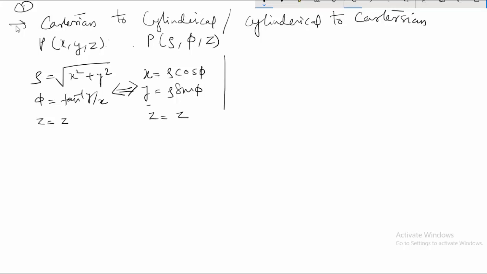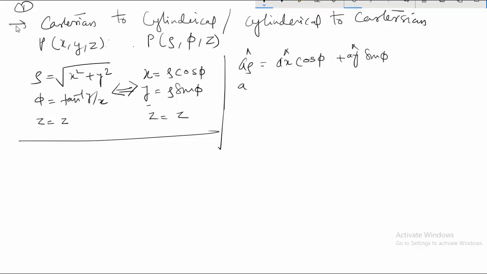And if you are converting the vectors, to convert the unit vectors, the formulas which we derived previously are a rho is equal to ax cos phi plus ay sin phi, and a phi equal to minus ax sin phi plus ay cos phi, and az is equal to az.